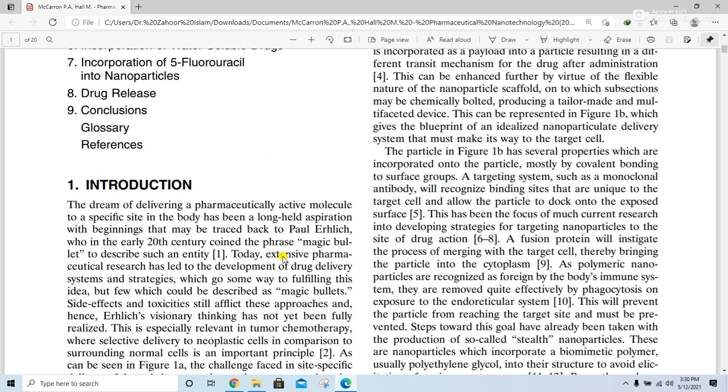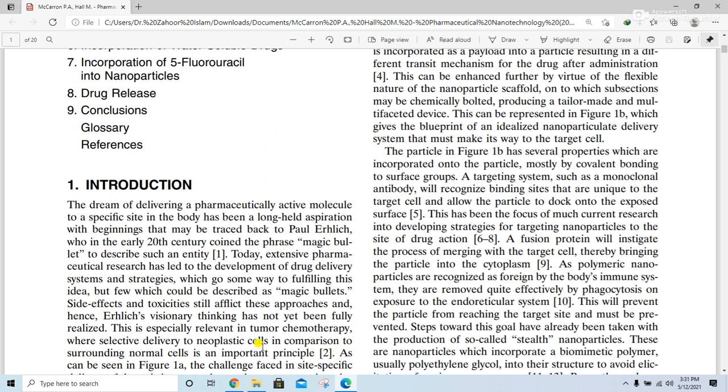Nowadays, scientists are working in different areas, and one of the most tremendous areas is nanotechnology.